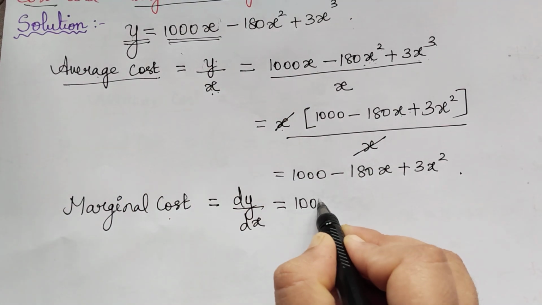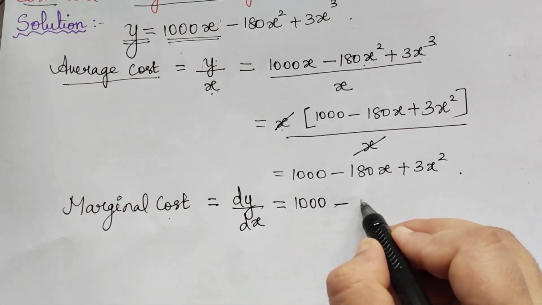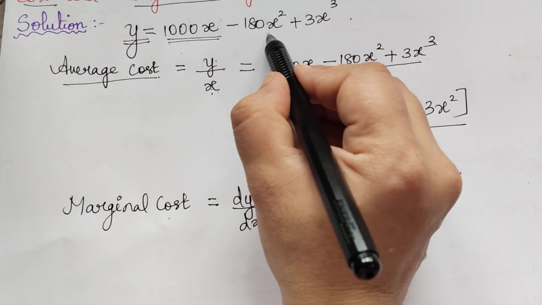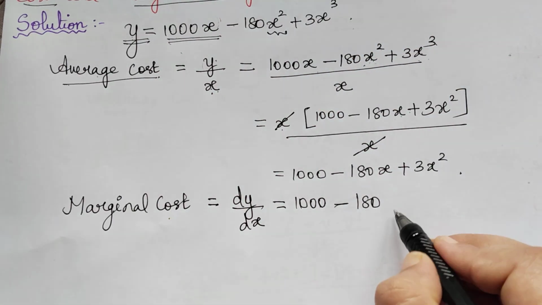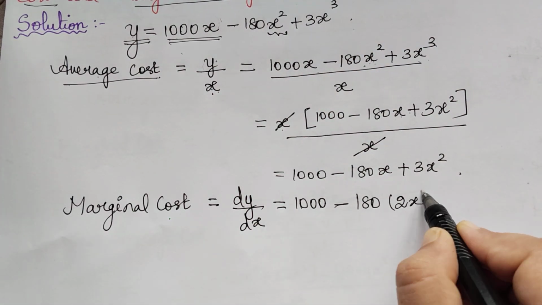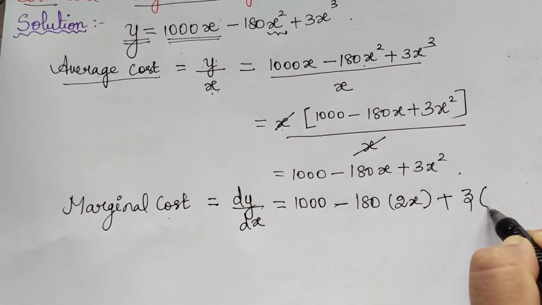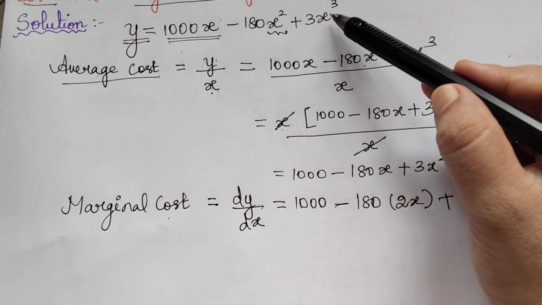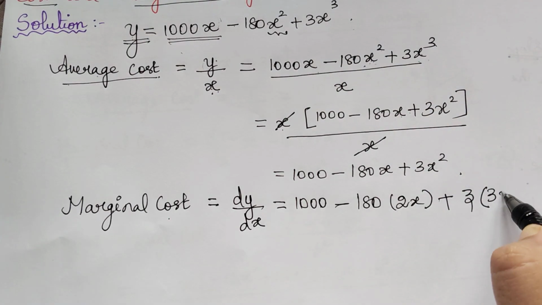So we will be getting 1000 and then minus 180 multiplied with the differentiation of x square. The differentiation of x square is 2x. So it is 2x. And then plus 3 multiplied with the differentiation of x cube. So what is the differentiation of x cube? It is 3x square.